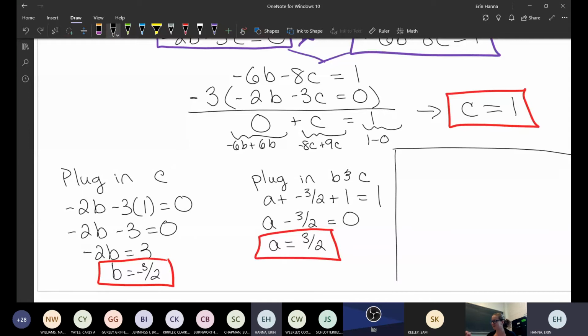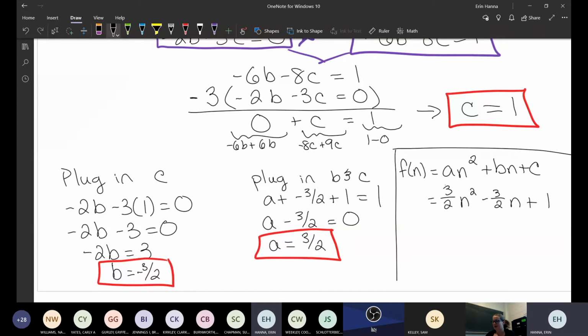So now triumphantly, after all of that obnoxious algebra, we have now found a closed form for that recursive relation. So it was in a generic format, an squared plus bn plus c. So now that we found all of those values, you have 3/2 n squared, I guess minus 3/2 is how I would write it, minus 3/2 times n plus 1.